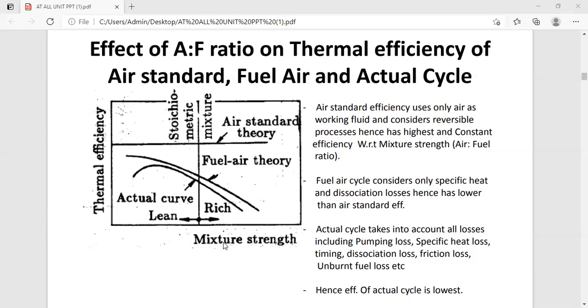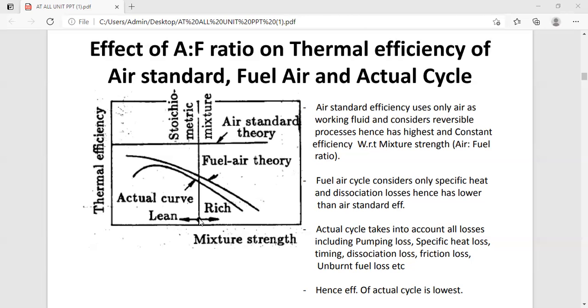So that's why the air standard cycle has the highest and constant efficiency with respect to mixture strength, as we are considering the air fuel mixture. If you see this diagram, this is for the proper stoichiometric mixture. At this point, the line is horizontal.